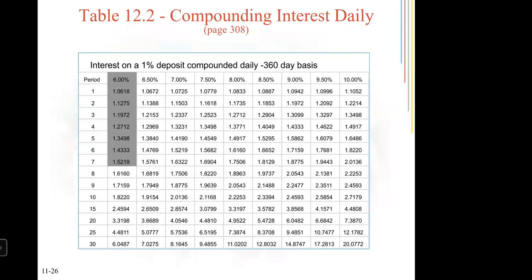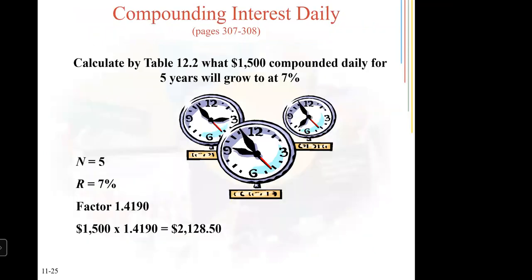You really don't have to do much with that, because the number of periods would be whatever years you have, and the rate would be whatever is given. You just look for that on the table. So in this case, it says $1,500 compounded daily for 5 years would grow at 7%. You need to work that out.